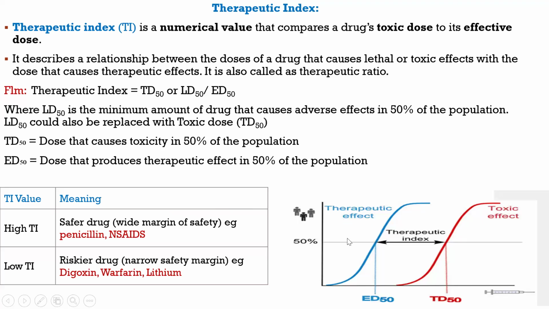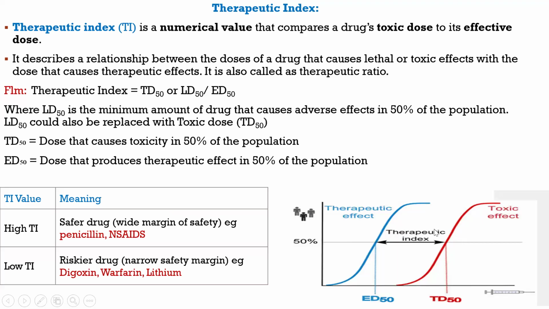So this is a graph that is just trying to show us what's been plotted against 50% of the population, that's the dose, and then against the dose. Okay, so we have the drug effect against the therapeutic index. When you give a drug below the therapeutic range, it does not elicit any effect, so the drug will not be effective.